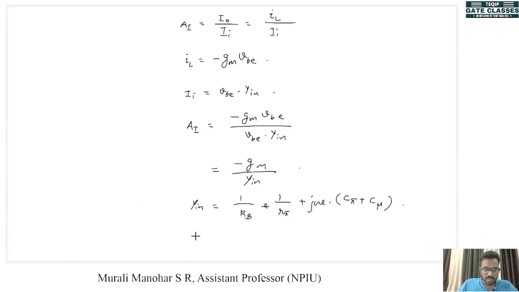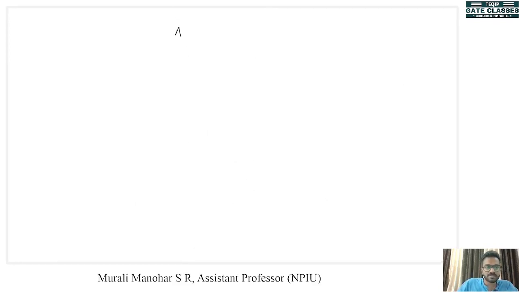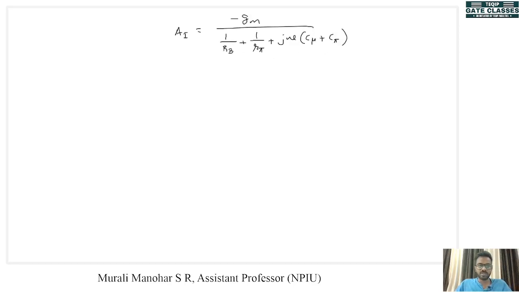So we can write AI as minus GM divided by 1 by RB plus 1 by R pi plus j omega into C mu plus C pi. So this will be the value of AI.